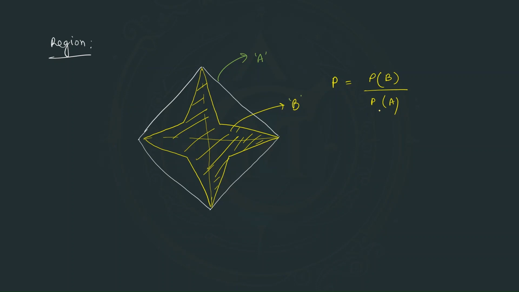So we can say this will be simply area of B divided by area of A.